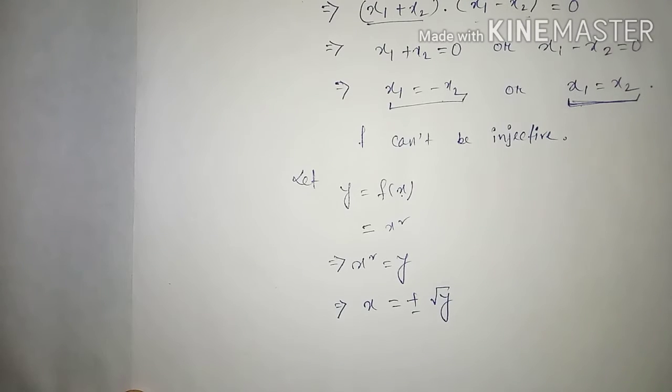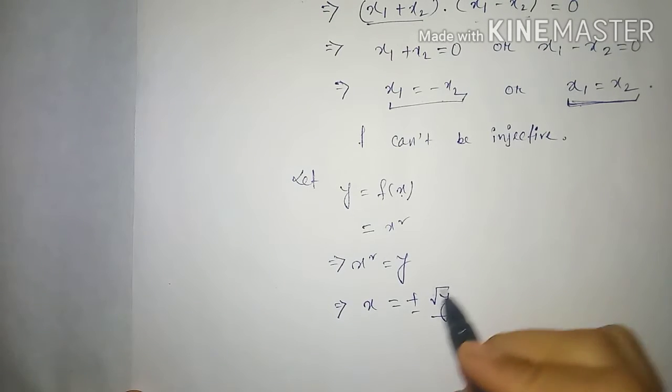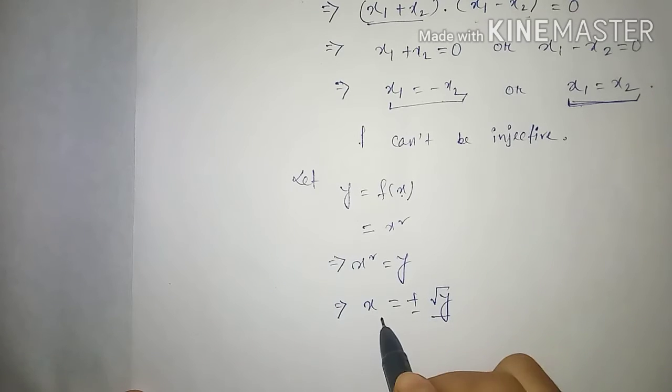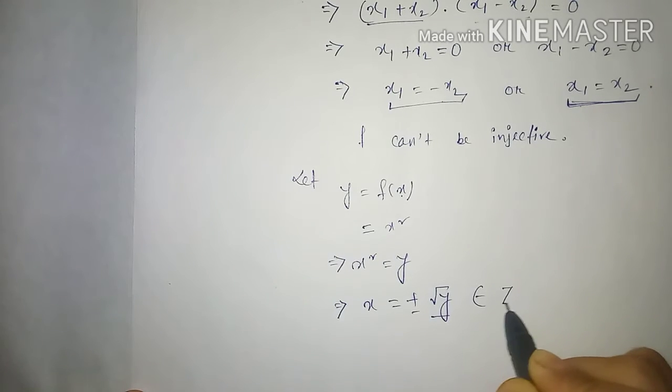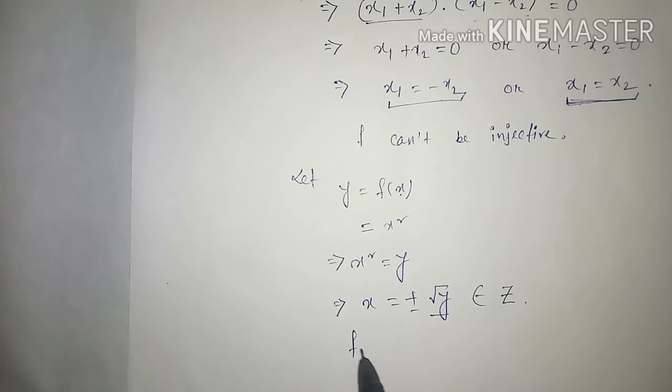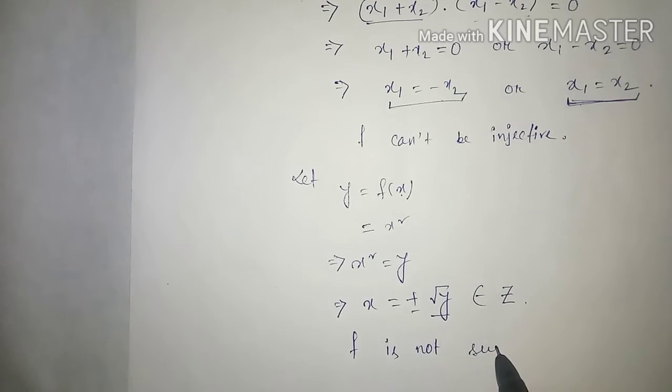Now root over y cannot be an integer. That means x equal plus minus root over y, x does not belong to Z, wherever y belongs to the codomain. Therefore, this function f is also not surjective or not onto.